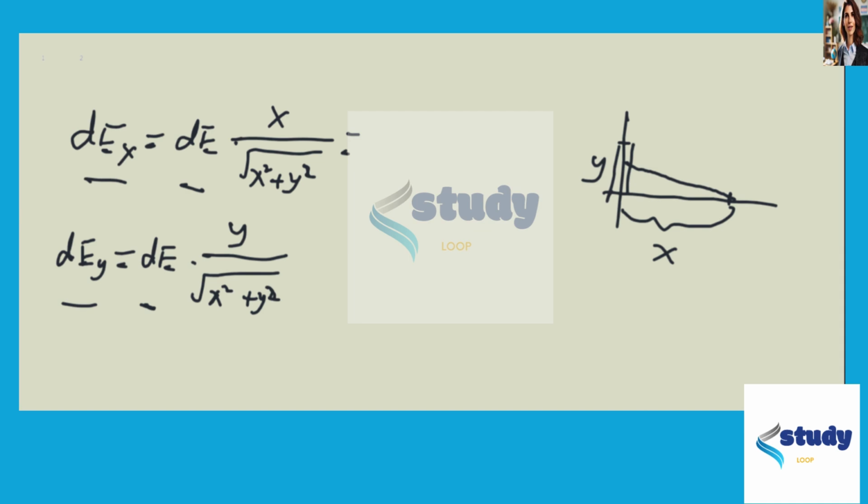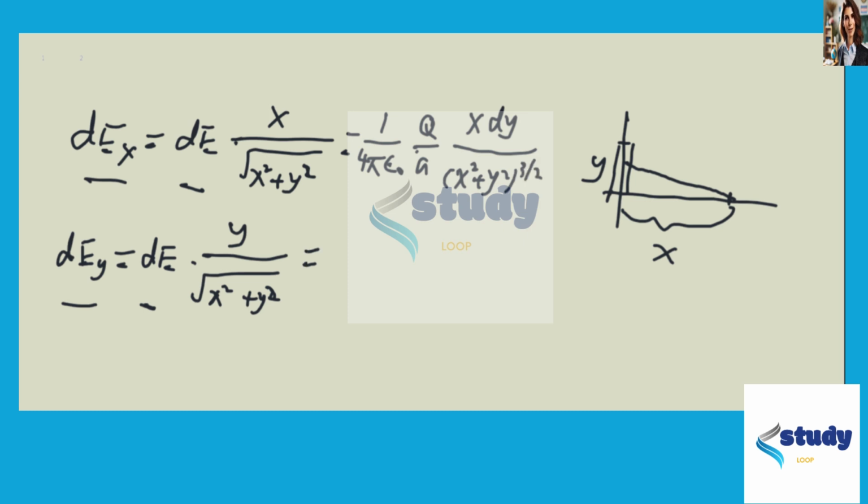So dEx is 1/4 pi epsilon naught times Q over A times x dy over (x squared plus y squared) to the power 3/2.